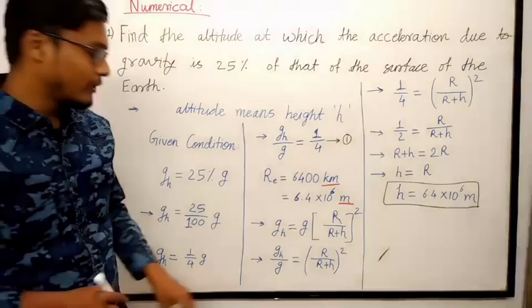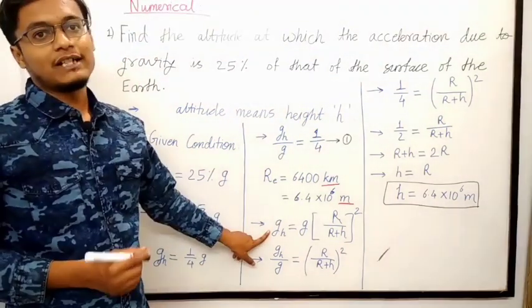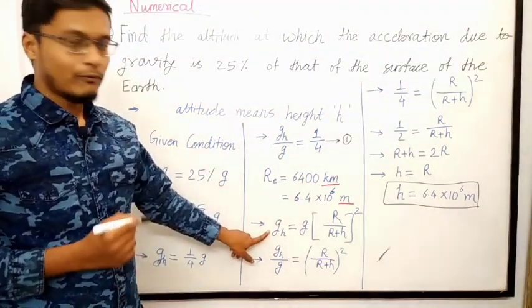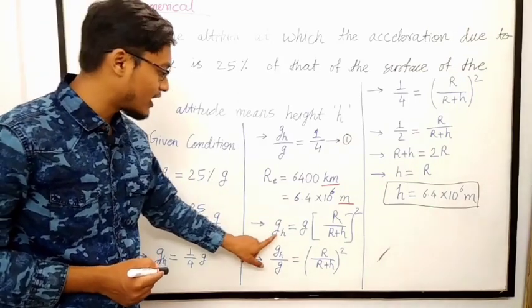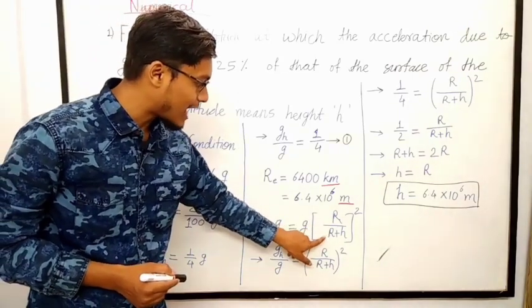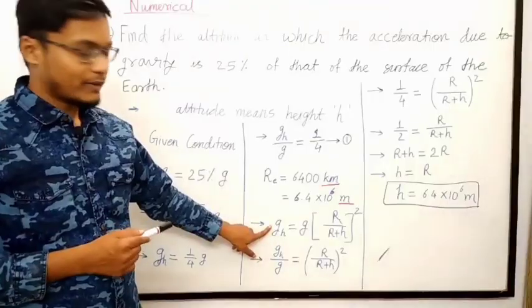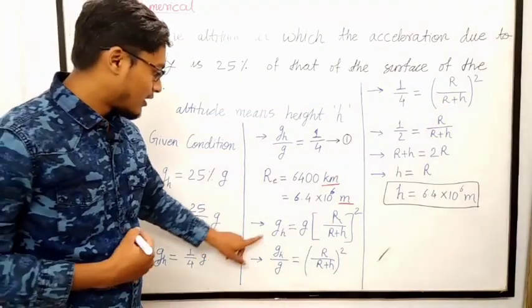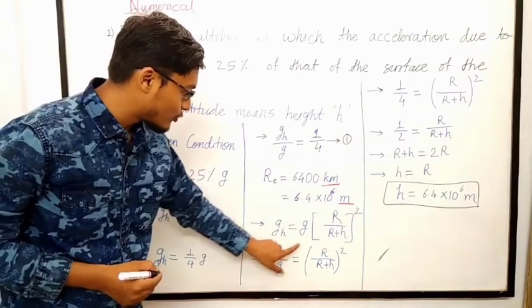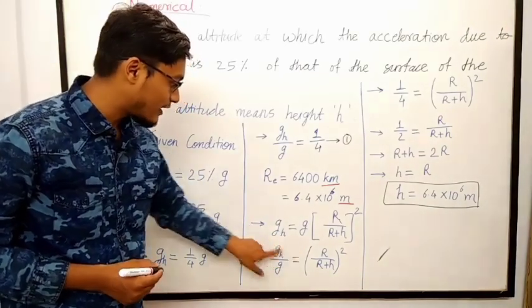Now what we will do, we will first take the formula for the change in acceleration due to gravity at height h, and it is given as g_h is equal to g into (r by r plus h) whole square, as we have derived it in the first expression in today's lecture. Now we will take the g_h by g ratio, taking this g from the right hand side to the left hand side.